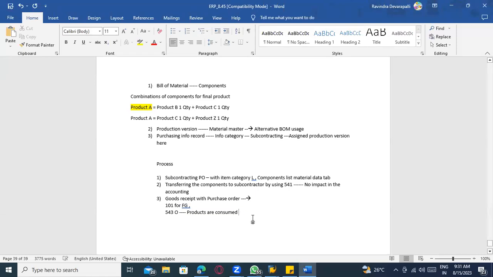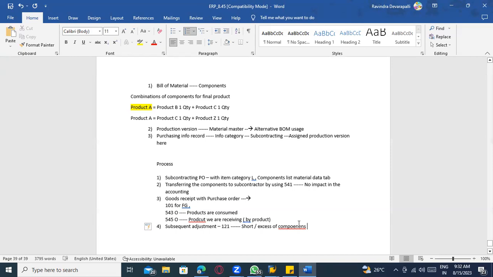And if there is any byproduct, 545 O. This is the product we are receiving, which is a byproduct, an extra product. Okay, clear? If any adjustment is required, you can do a subsequent adjustment with movement type 101, either a shortage or an excess.